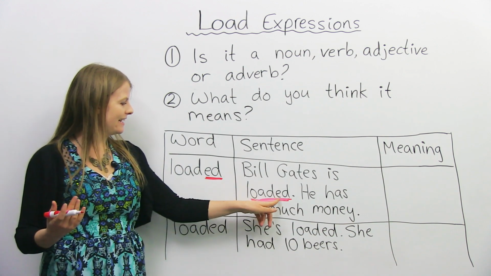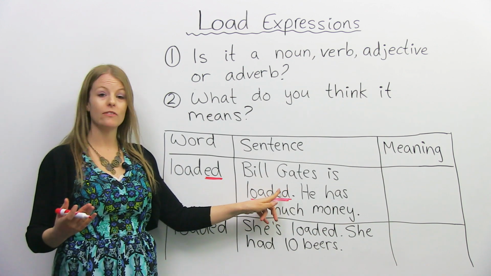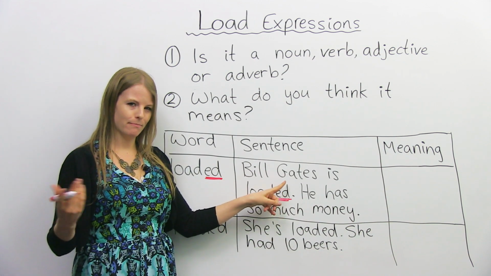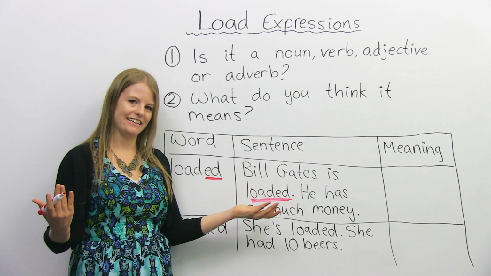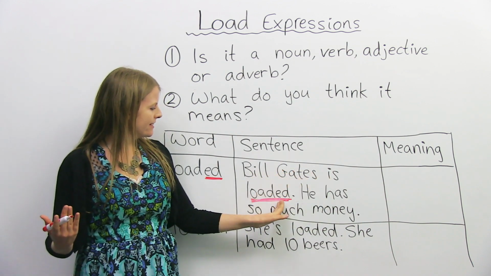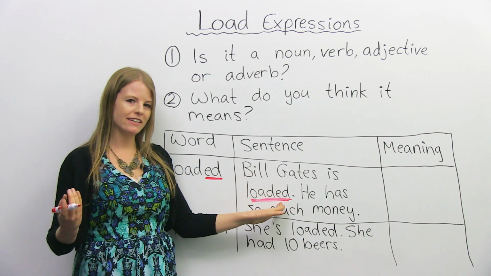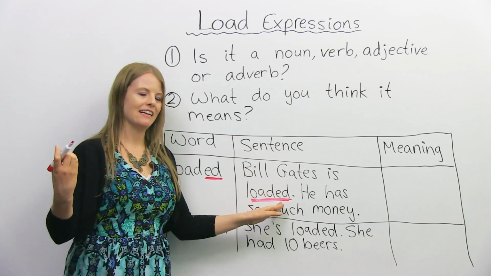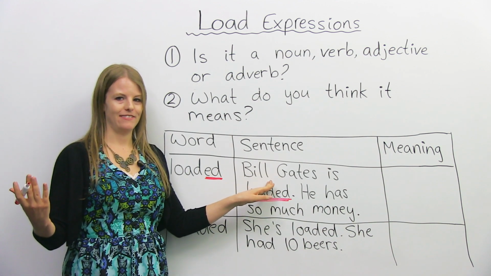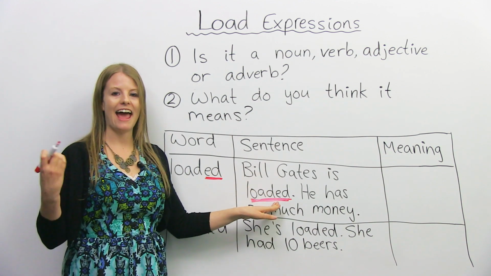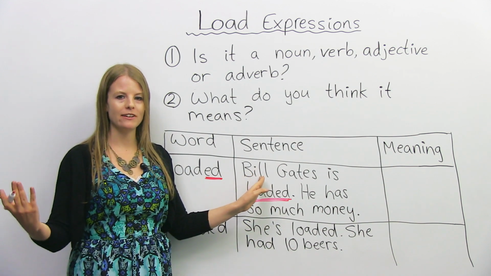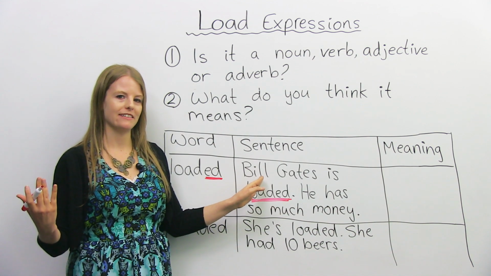Well, it ends in ed. Okay, so that means it's probably going to either be a verb or an adjective, because both of these often end in ed. But because it's followed by is, Bill Gates is loaded, it sounds like loaded is describing Bill Gates. So it's an adjective. Okay, so in this case, loaded is an adjective. It's describing Bill Gates. Bill Gates is loaded. That's a description of Bill Gates.